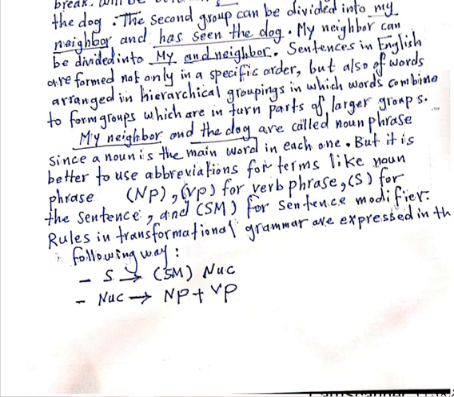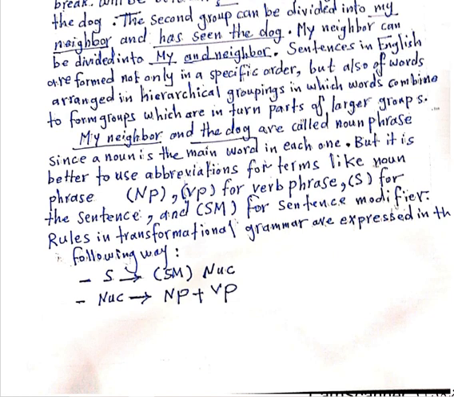That means neighbor is a noun, and dog, without the determiner, is a noun as well. But when we put them together, my neighbor becomes a noun phrase, and the dog is the second noun phrase in our example above.